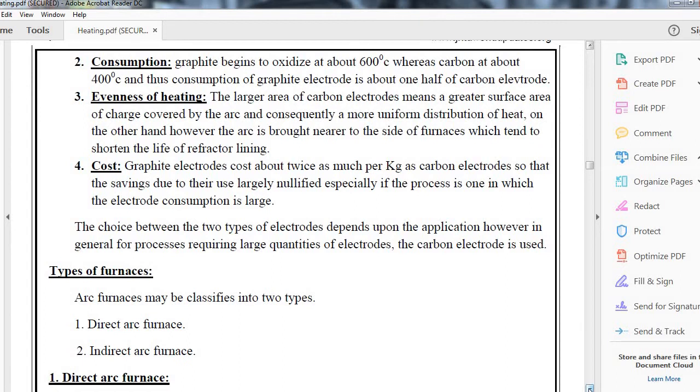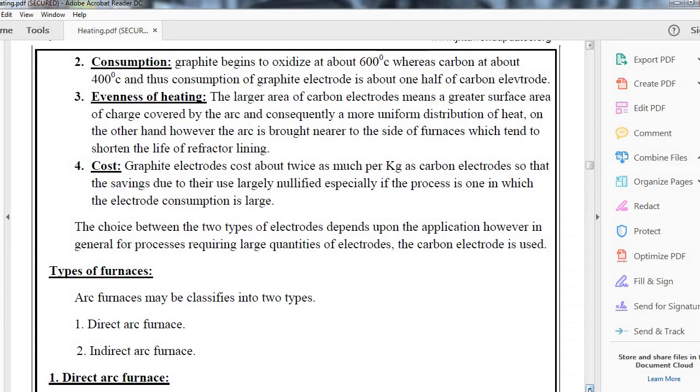Evenness of heating. The larger area of carbon electrodes means greater surface area of the charge covered by arc and consequently more uniform distribution of heat. On the other hand, the arc is brought near to the side of the furnace, which tends to shorten the life of the refractory lining.